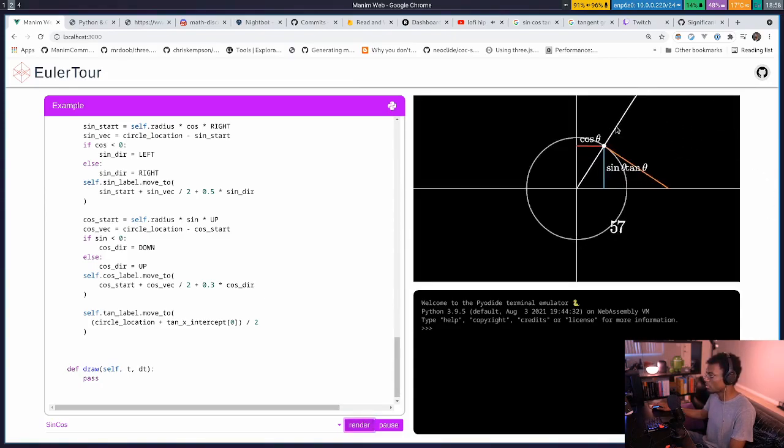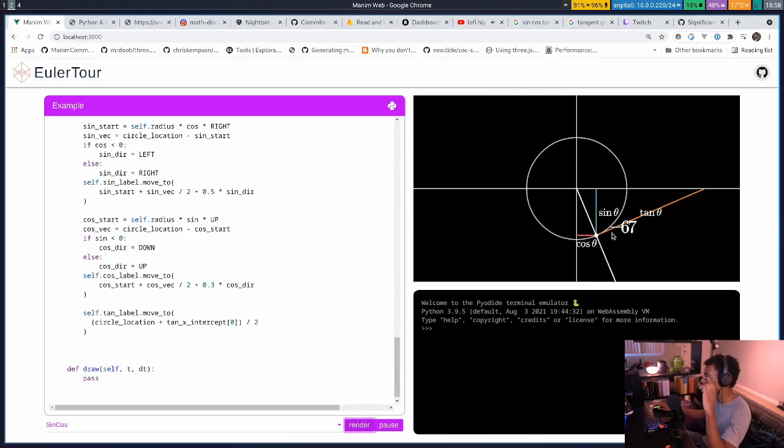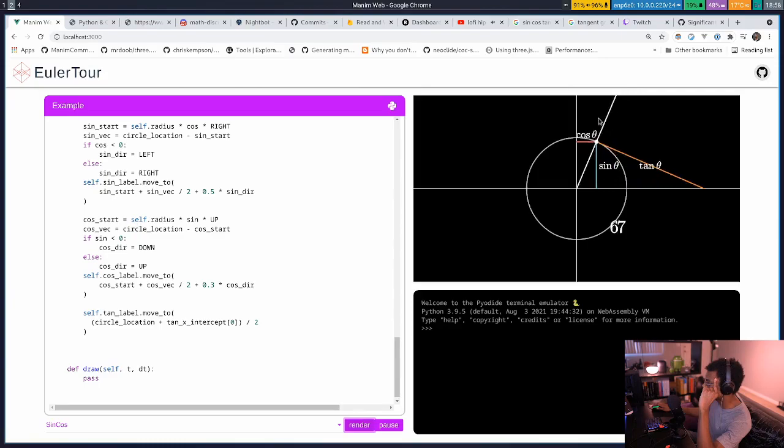So when I render and then render again, there's some cleanup that I'm not doing. So I have to look into that. Also, the sine and the tangent are always getting in each other's way.